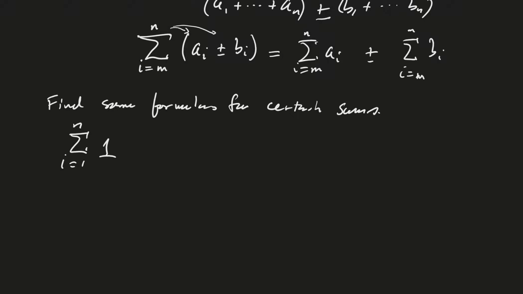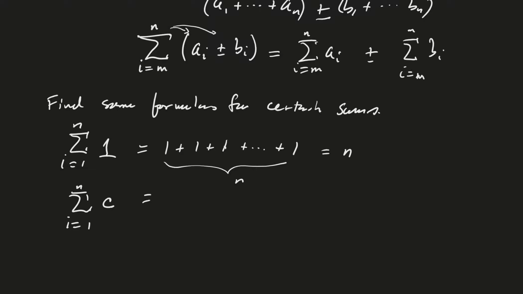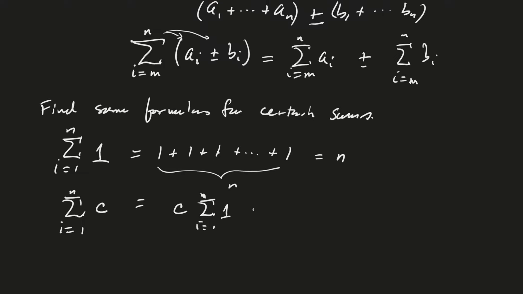What would that be? Well, if we write it out, that's 1 plus 1 plus 1, n times, so that would just be n. Good. Notice that if I summed i equals 1 to n of c, that would be c times the sum i equals 1 to n of 1, from our properties. And so that would be c times n. Very good.